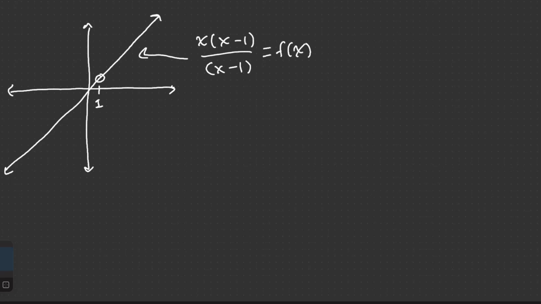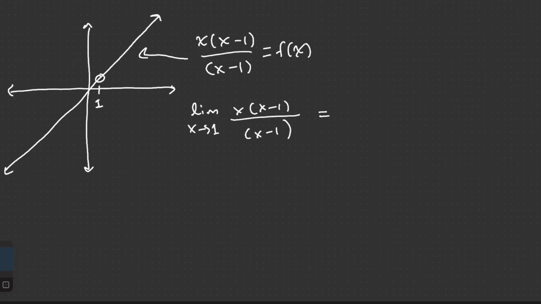This is the same function that we used before. Remember the one with the removable discontinuity at 1? But anyways, this function has a hole at x equals 1. Right? Now, what will be the limit as x approaches 1 for this graph? What would be the limit?